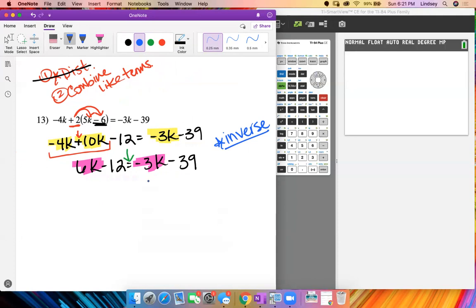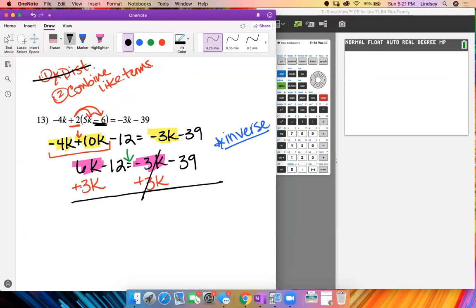Okay, so once again, it doesn't matter, but I like to keep my stuff positive. So I'm going to take this negative 3k and move it over here. So I'm going to add 3k, add 3k. That's going to cancel those out.